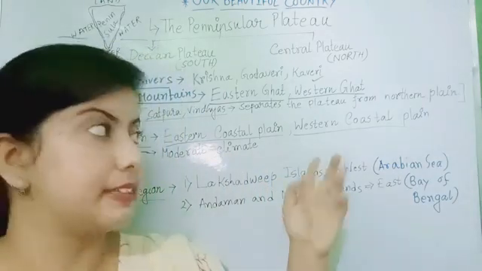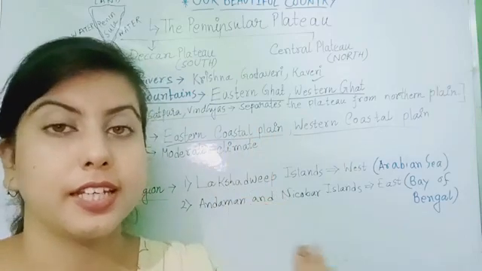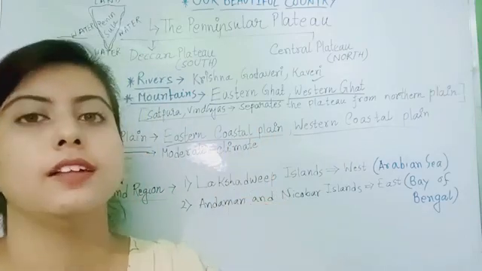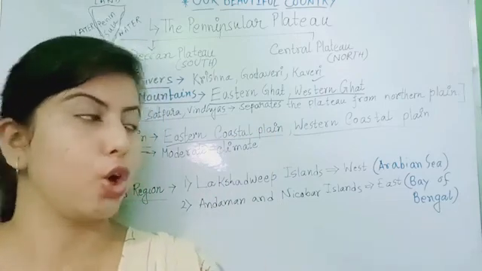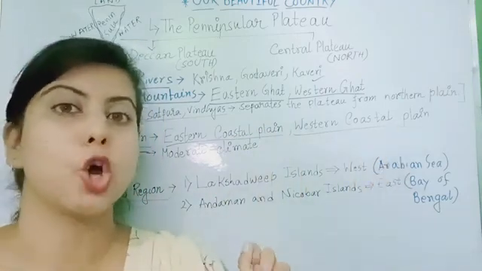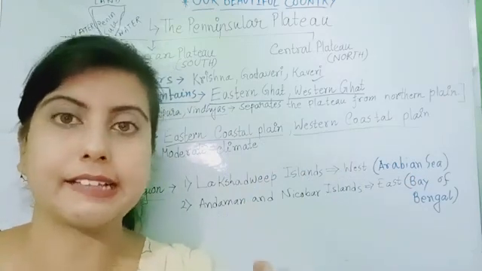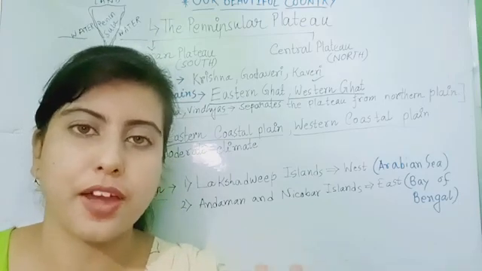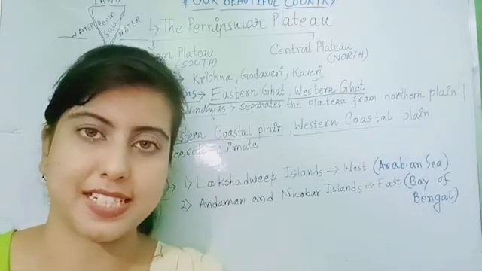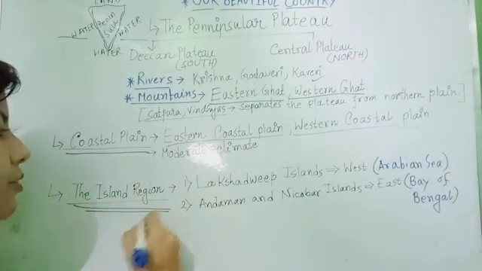Because these two plains are situated near the sea. The land near the sea has a moderate climate. So these two plains also have moderate climates, that is neither too hot nor too cold. Very pleasant climate.